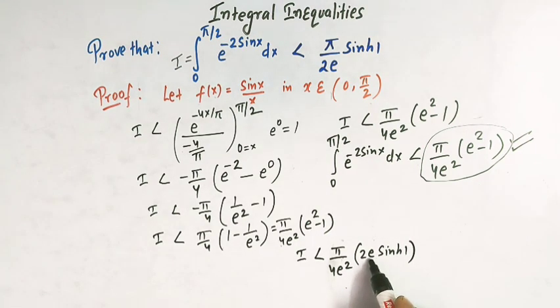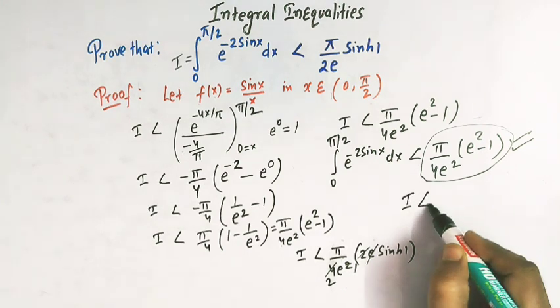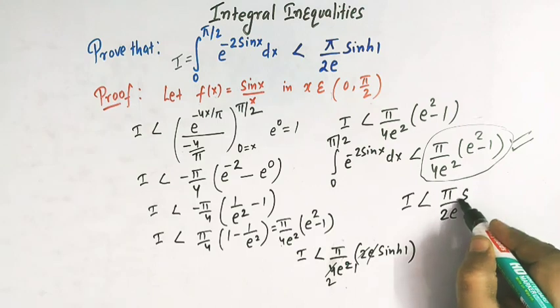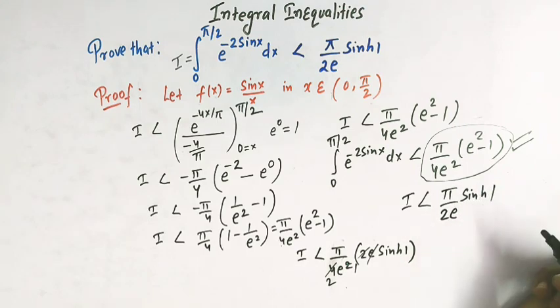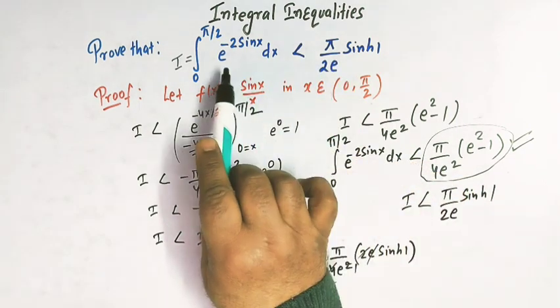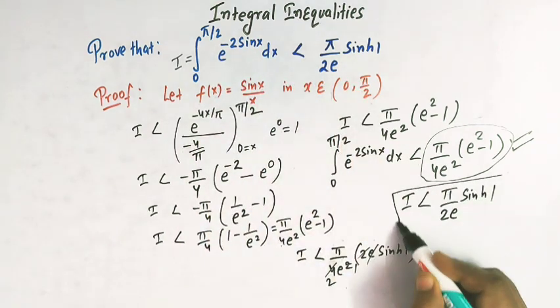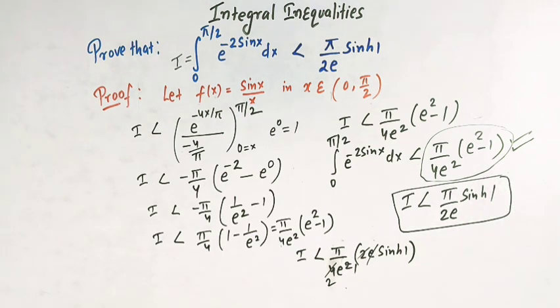So now simplifying this expression, 2 2s are 4 and e gets cancelled. So we have I less than pi over 2e times the hyperbolic sine of 1, right? So this is our required integral inequality, right? So this is how, by making use of all these concepts, we can prove these kinds of integral inequalities.